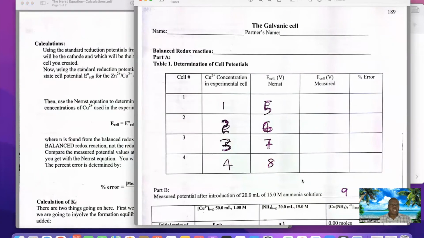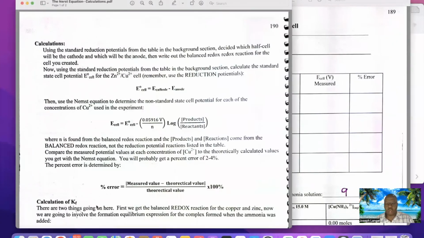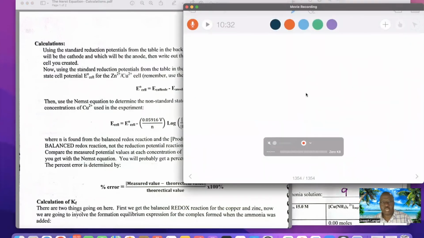Part P is determination of the formation constant. Maybe I should label this here.